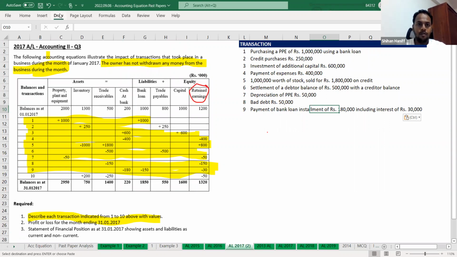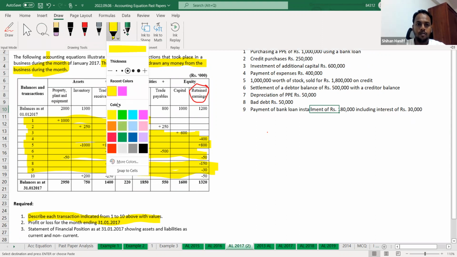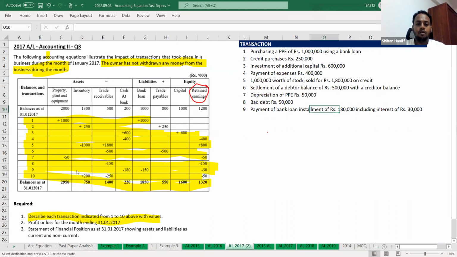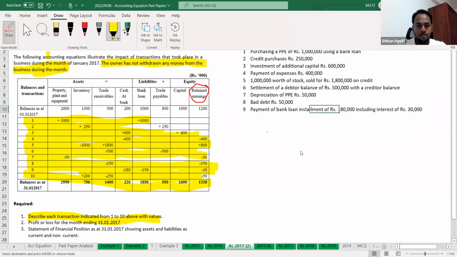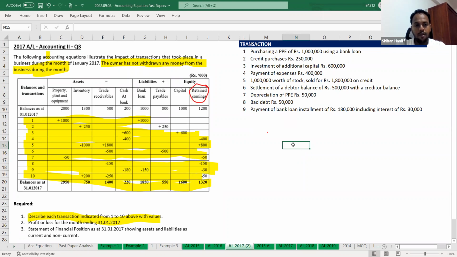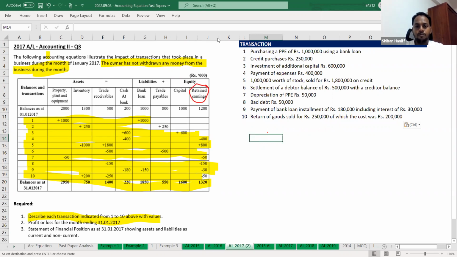Then the last one. Inventory increase, receivable decrease, and profit also. So it's return of goods. Return of goods.